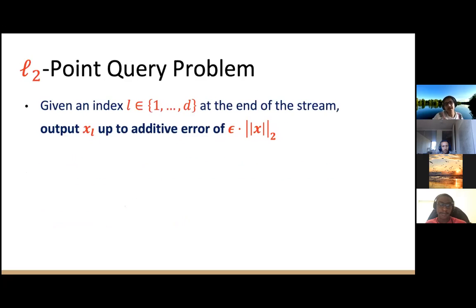The problem that we study is called the L2 point query problem. You are given an index l at the end of the stream, and you want to output x_l up to an additive error of epsilon times the L2 norm of x. Any questions with the problem statement?